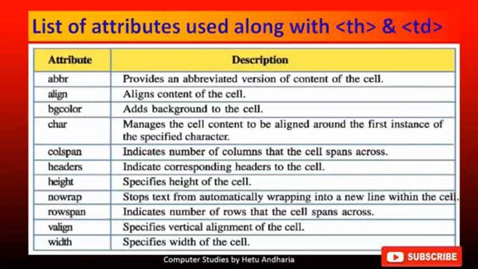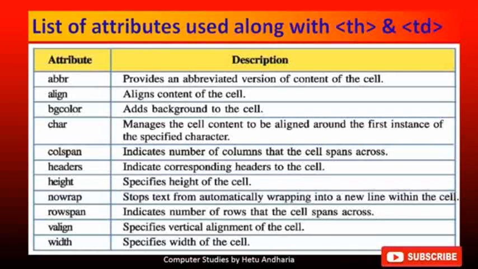Then nowrap stops text from automatically wrapping within the cell. So if you give nowrap, then you will not be able to reduce the width of the column because the content of the cell cannot be broken into 2-3 lines.